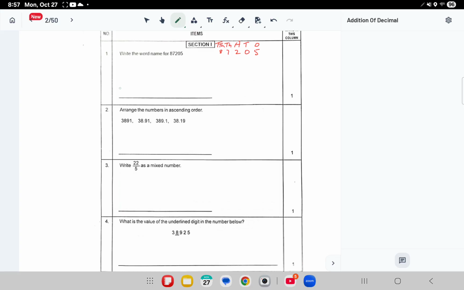So we know that will be 87,000, 200 and 5.